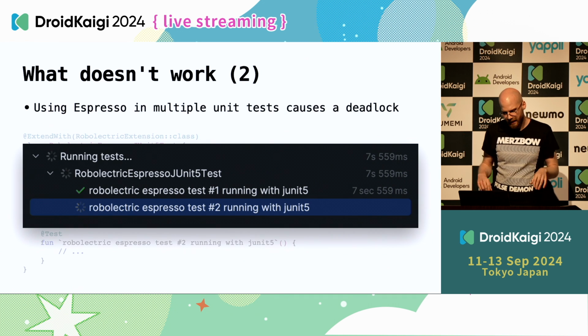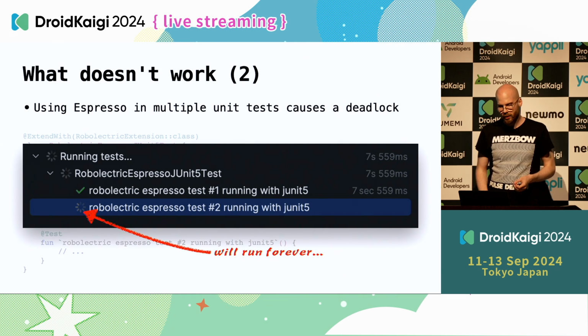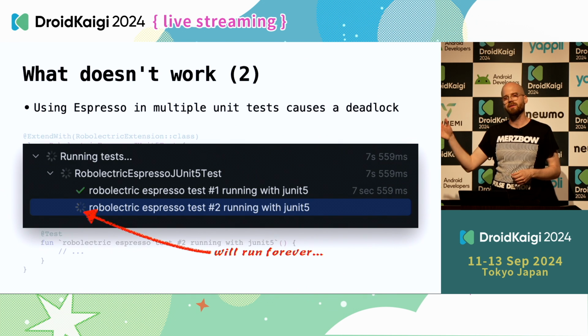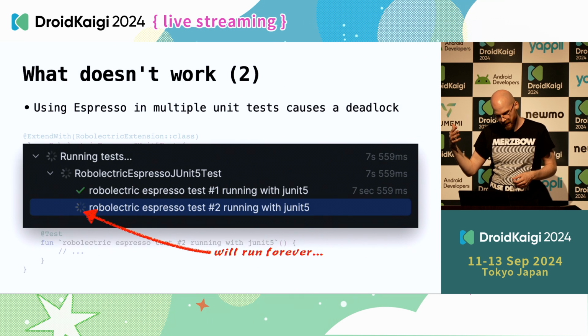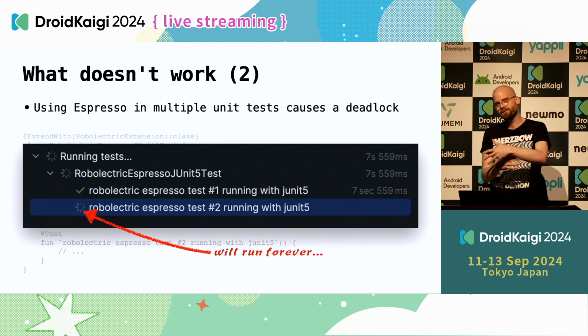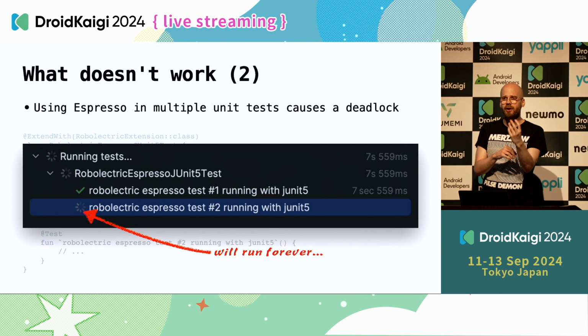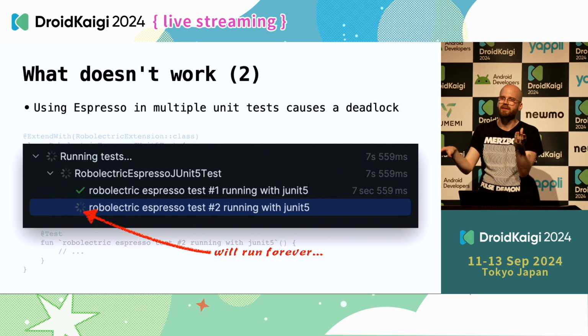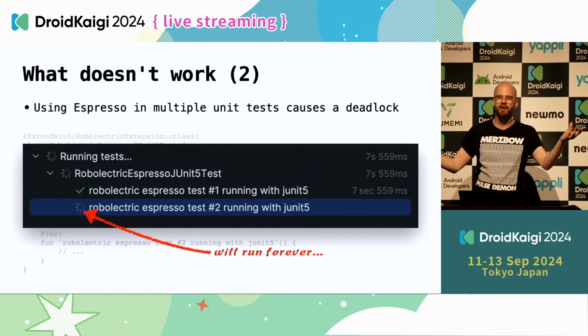It's green. But the second one will run forever. It will never stop. This also has to do with the changes to this threading model. Basically, Espresso has an internally hard-coded reference to the main thread, and the extension replaces the main thread. So the second test can no longer find the main thread, and Espresso just waits on this forever.